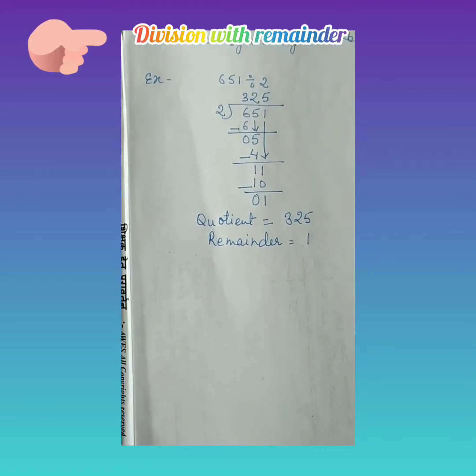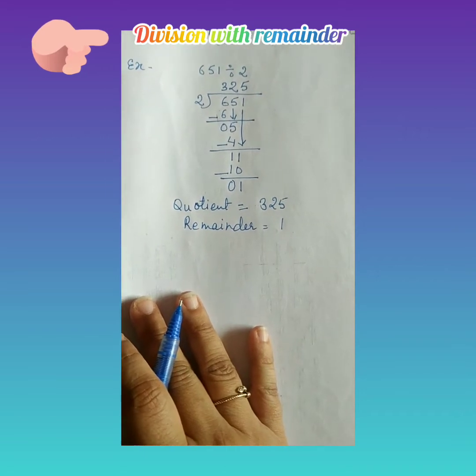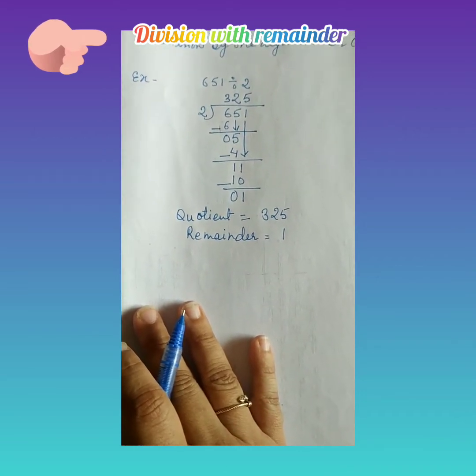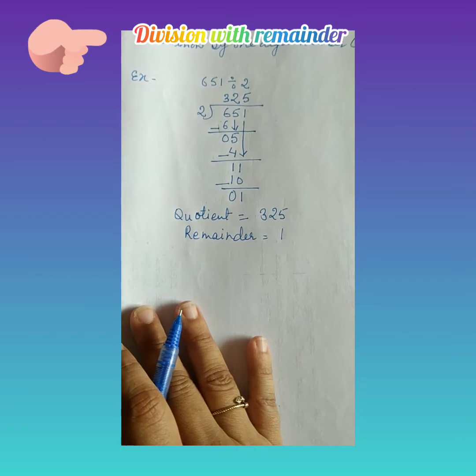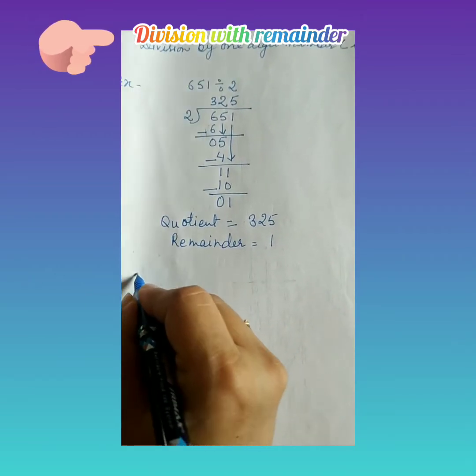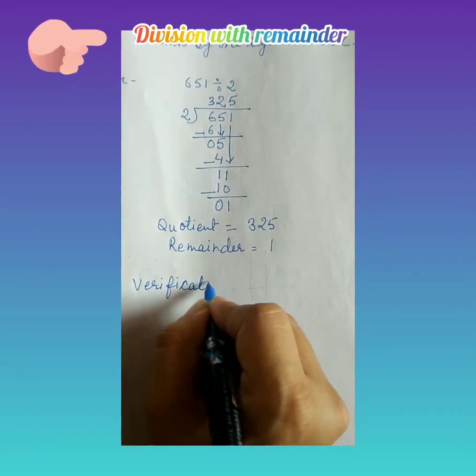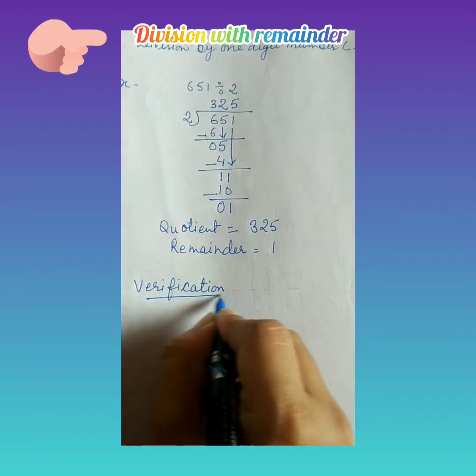Okay. Now I will tell you one formula. With the help of that formula, you can check your question whether you have done it right or not. So the formula is to verification. Now we have to verify our answer. Verification.